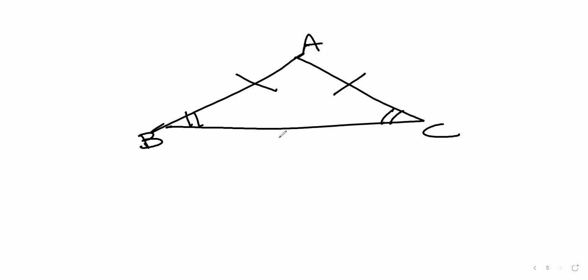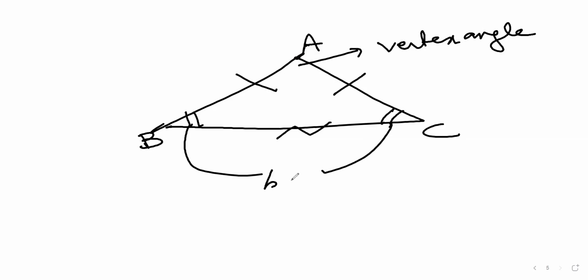The odd side is the base. It's the leftover side. So BC is the base. The leftover vertex becomes the vertex angle, A in this case. So angle B and angle C become the base angles, and base angles are equal.